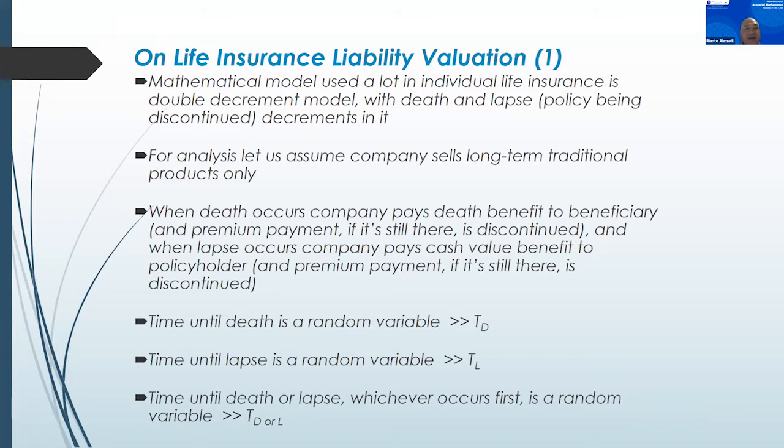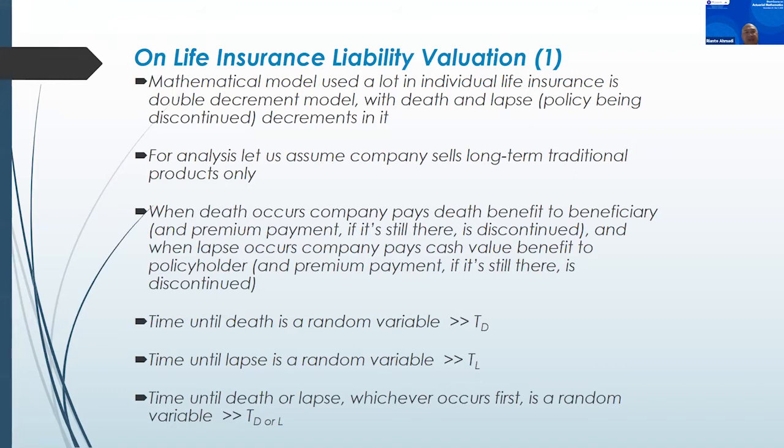So for the purpose of this illustration, we assume the company is selling only long-term traditional products, not short-term ones like term insurance for 1 year. We're talking about endowment products here, maybe 20-pay or 30-year endowment.